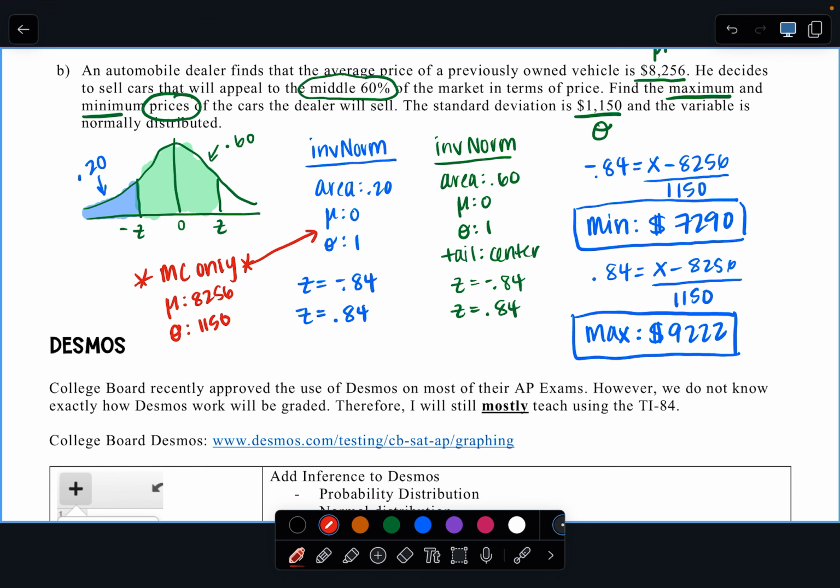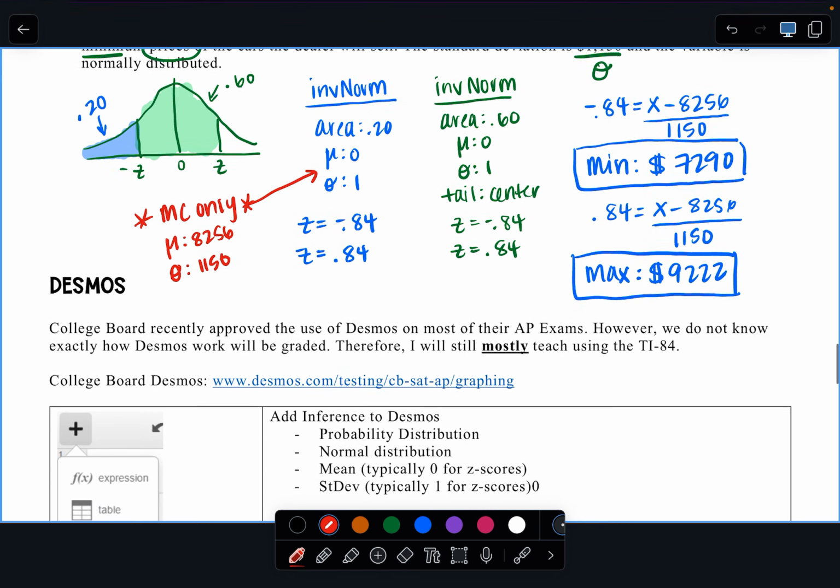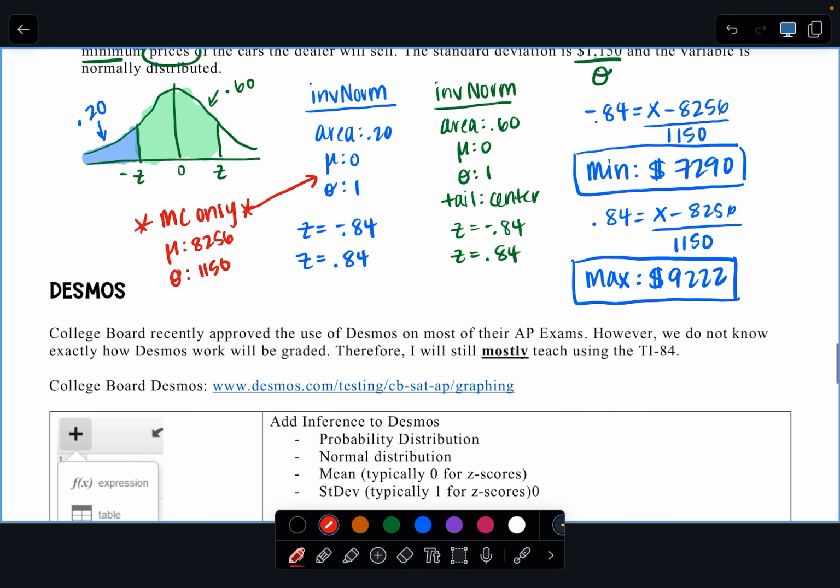Now, here's my disclaimer for some updates. Over the summer, and by summer I mean like July, so when no one is thinking about AP Stats, including me, they announced that they were going to allow Desmos on the AP exam. So it was on calculus last year.